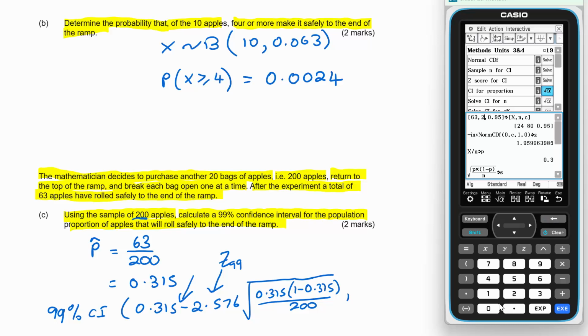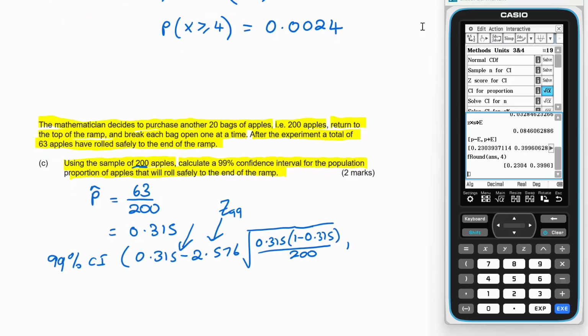So change that to 200, and we wanted a 99% confidence interval. We'll execute on that, and it's going to give us that. I probably want that as a decimal, so let's just go back and run that again from the top. So it will be 0.2304 and 0.3996.